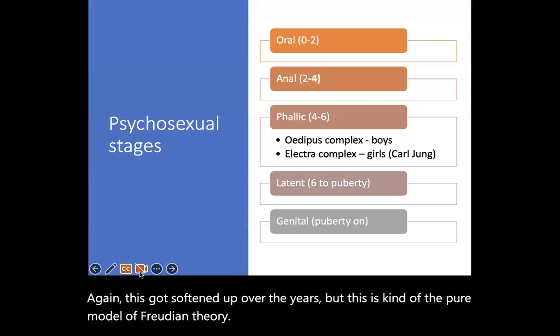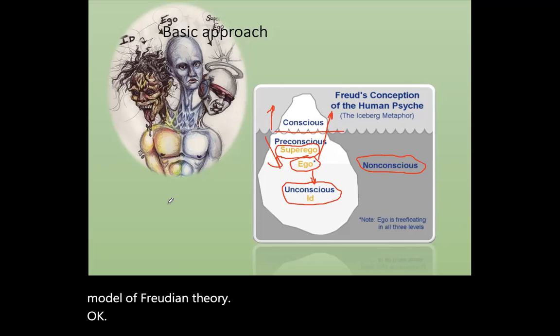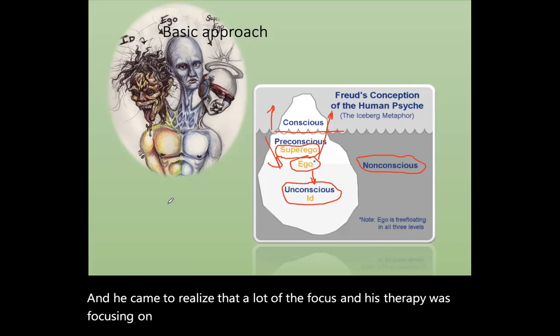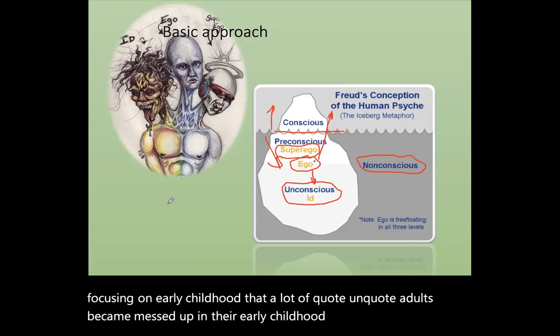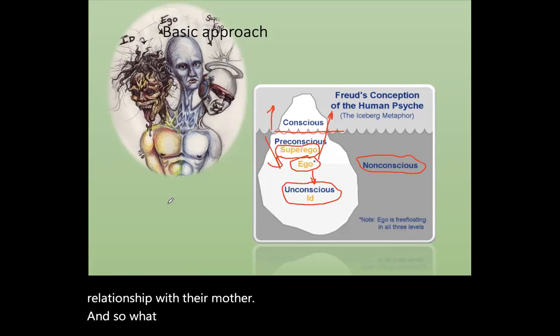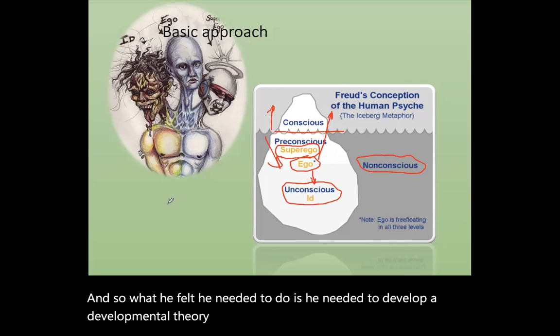Okay. Now, based on this, Freud developed this model, and he came to realize that a lot of the focus in his therapy was on early childhood, that a lot of, quote unquote, adults became messed up in their early childhood, specifically with their relationship with their mother. And so what he felt he needed to do is develop a developmental theory of childhood.